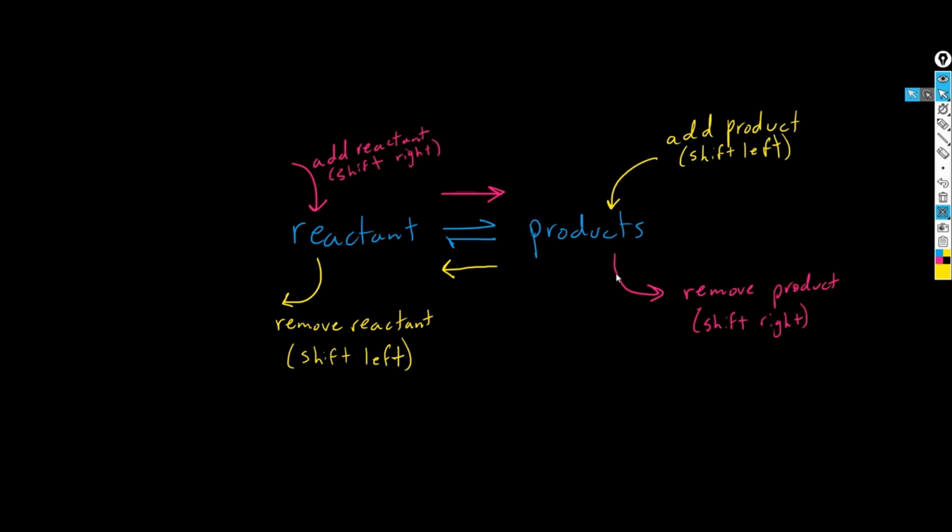If we remove product, the equilibrium shifts to the right because the forward reaction will create more of that product. But if we remove reactant, the equilibrium shifts to the left because the reverse reaction will create more of that reactant. So this is how you can view concentration changes when it comes to equilibrium.